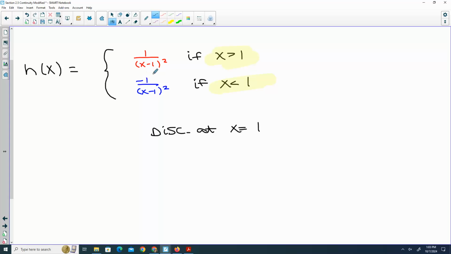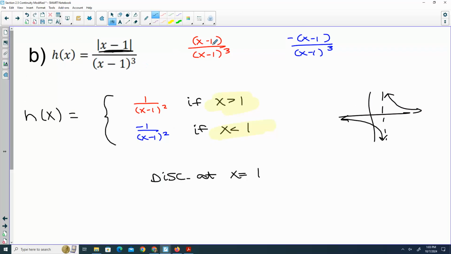If you were approaching 1, these pieces don't match. If you did go ahead and graph it, when you're coming in greater than 1, it's going to look like this. When you did less than 1, it's going to look like this. So the limit doesn't exist, the function doesn't exist, it breaks a lot of rules. So how do we decide the 1 over x minus 1 squared and the negative 1 over x minus 1 squared?